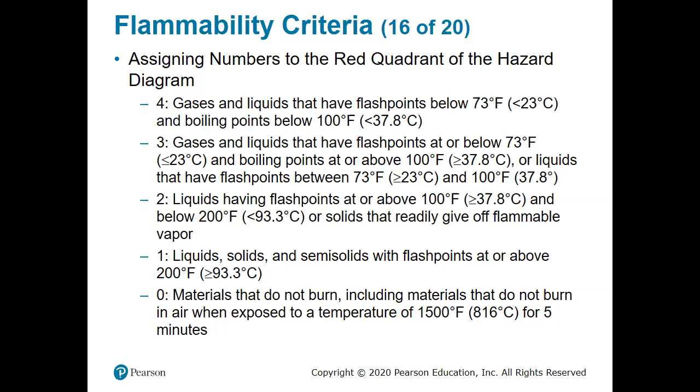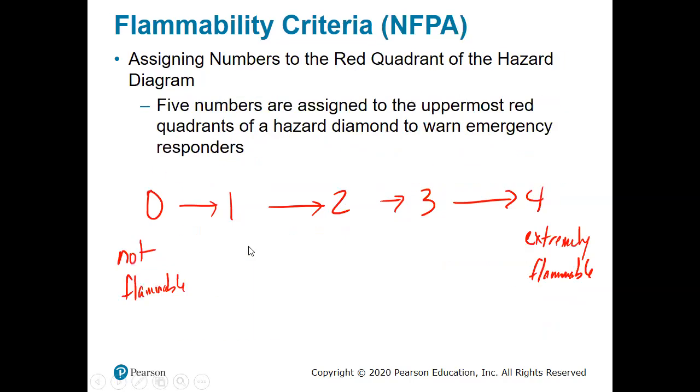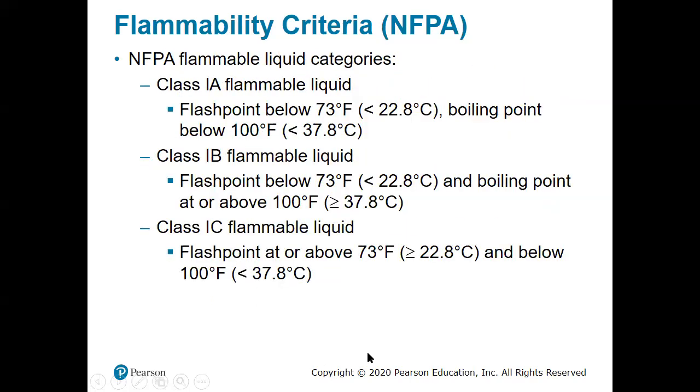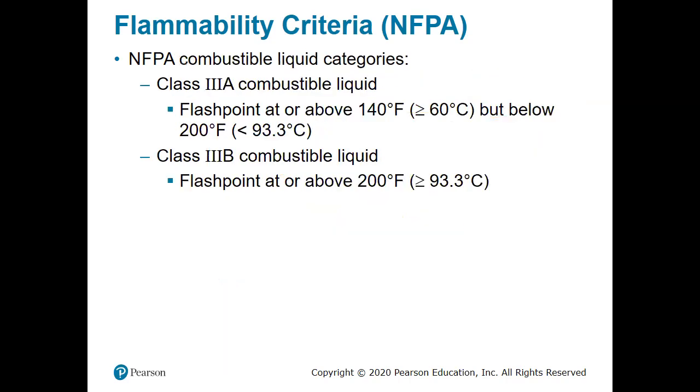Or we're talking about liquids that have flash points in that secondary range between 73 and 100 Fahrenheit. And so if we go back, that covers the 1B and 1C in that category 3, or that rating number 3.